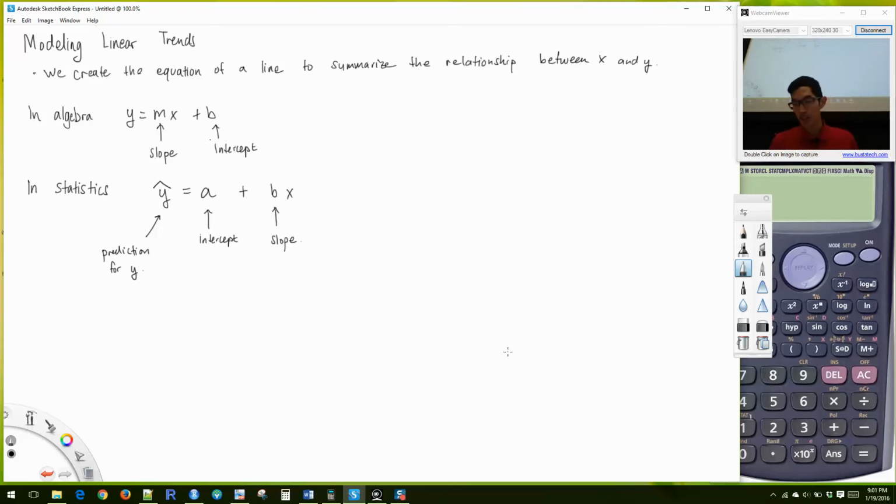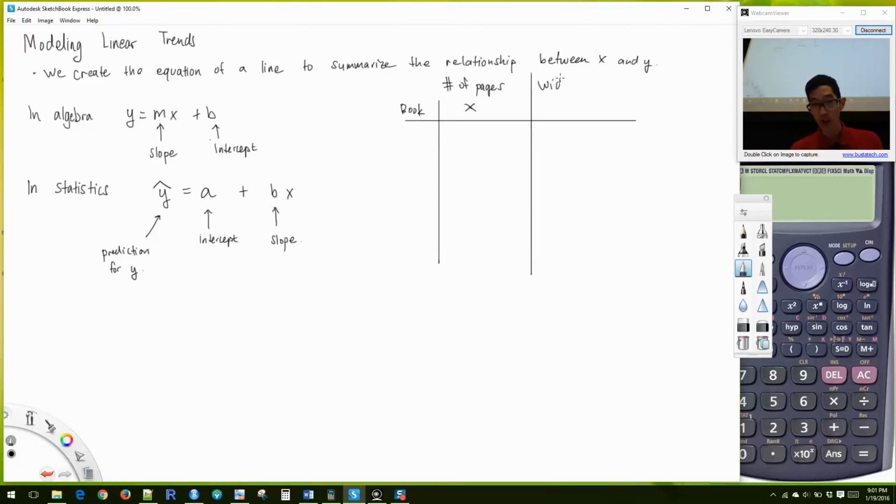Imagine us gathering a bunch of data. We go through a whole bunch of books in general, count how many pages there are, and measure the width of the book. So our data table has the book, and for x the number of pages, and width in millimeters.